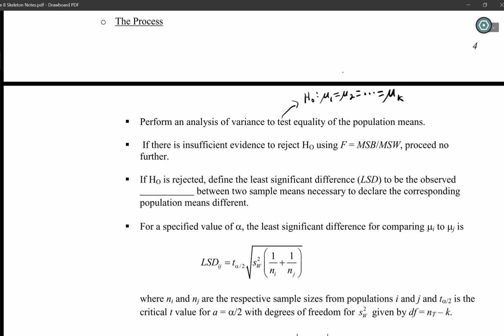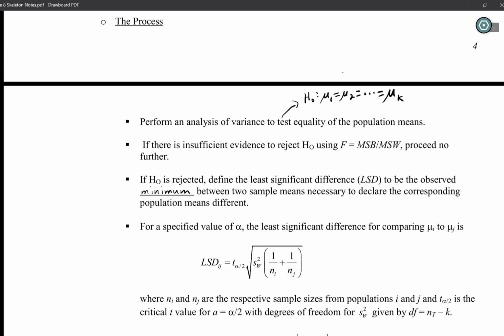But if this null hypothesis is rejected, then we're going to proceed here to define the least significant difference to be the observed minimum difference between two sample means necessary to declare that the corresponding population means are different.